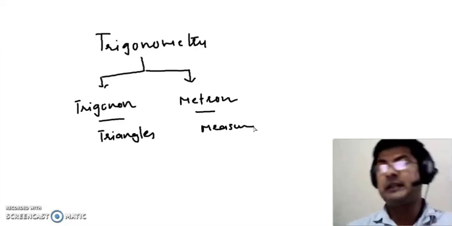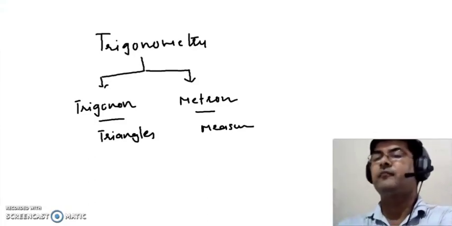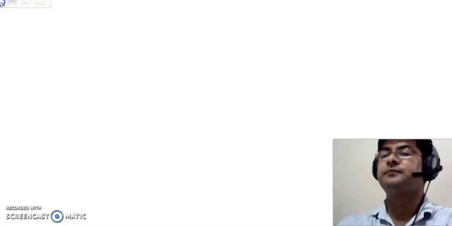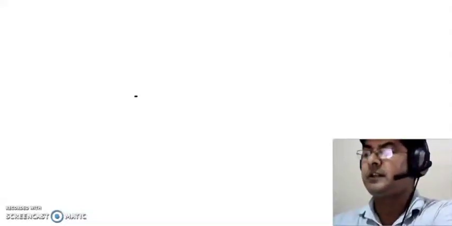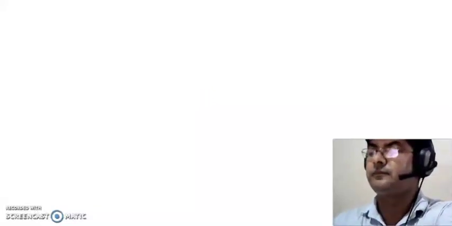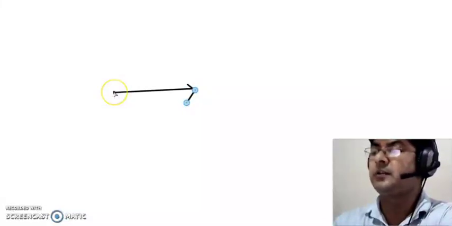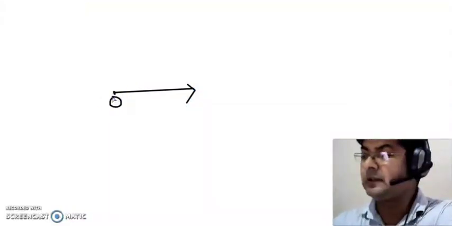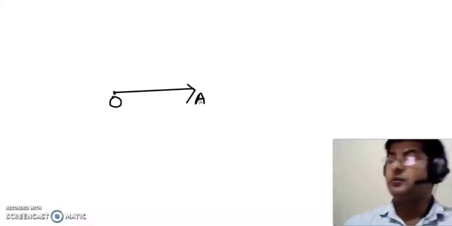So how an angle is formed, let us see. If we consider a ray, suppose this is a ray with origin O, and we have one point A on it.